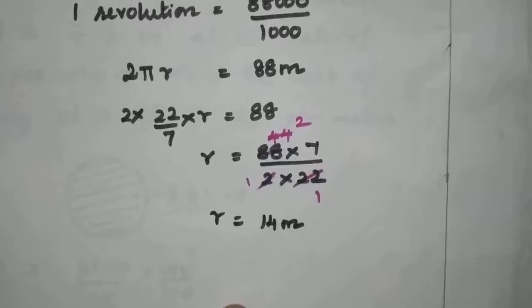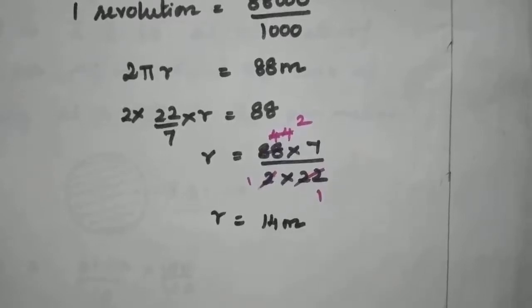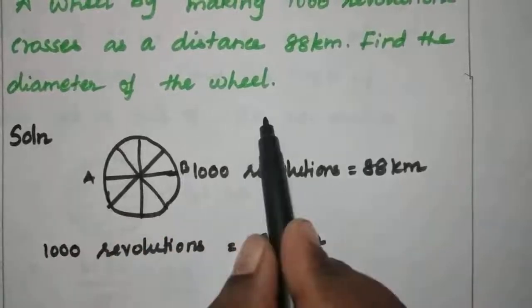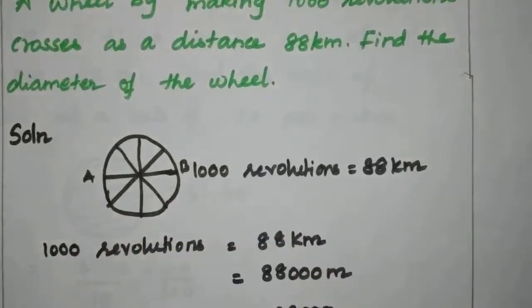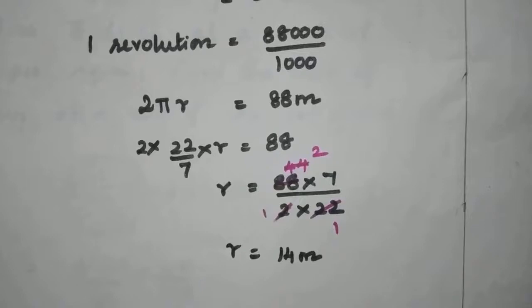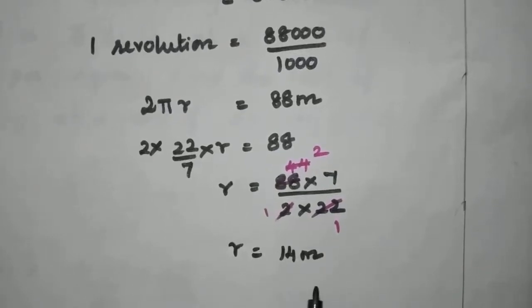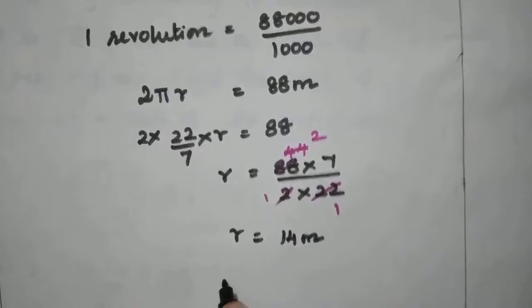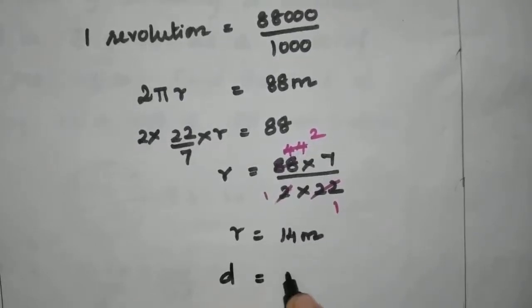So what do they ask you to find? In the question they ask you to find the diameter of the wheel. Here we have found the value of r is 14 meter. From this, how will you find the diameter? Diameter is equal to 2 times the radius.